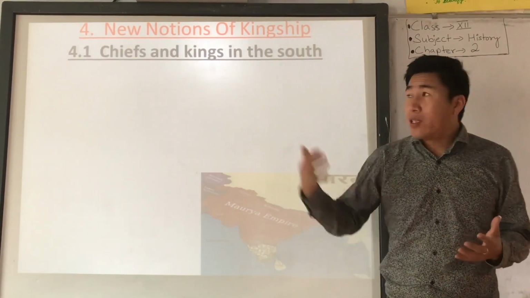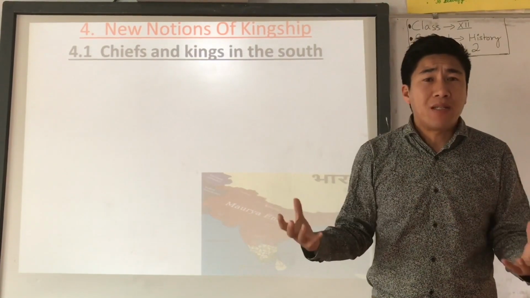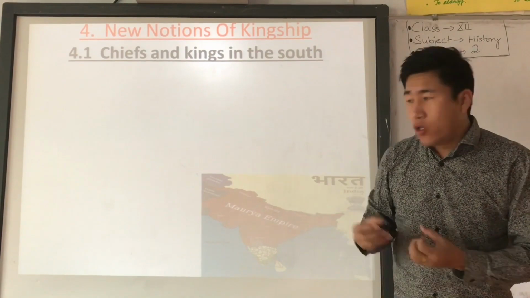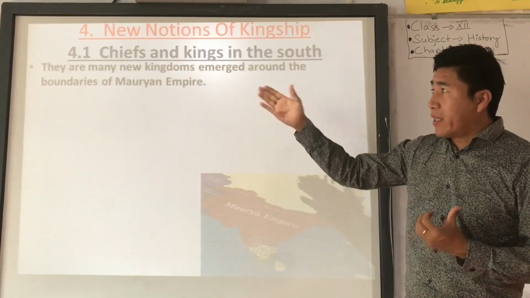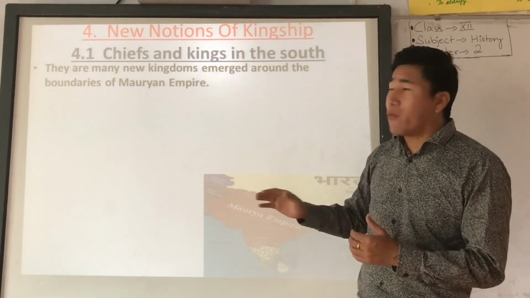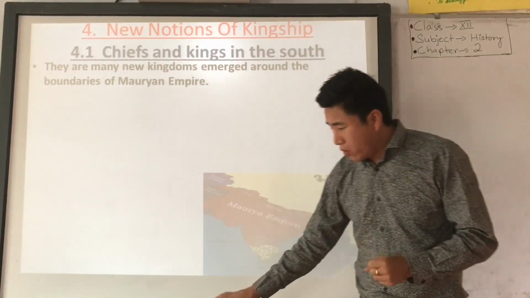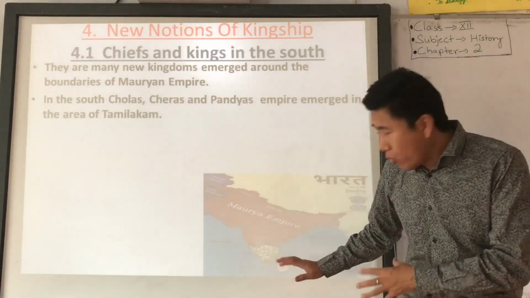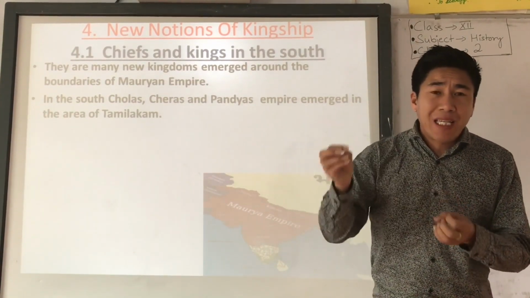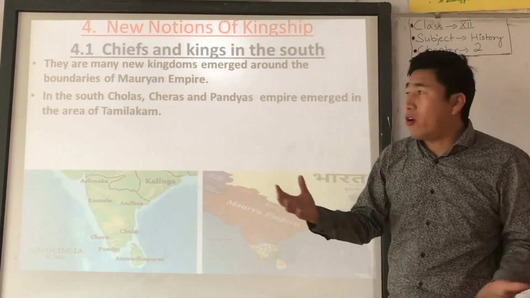So in this chapter we are going to learn that during that period, many dynasties emerged near the boundaries of the Mauryan Empire. There were many new kingdoms or dynasties around its boundaries, over here in the south and somewhere in this area. First we are going to discuss the south. In South India, during that time, we have the dynasties called Cholas, Cheras and Pandyas. You see in this map, they all emerged near the area of Tamilakam.